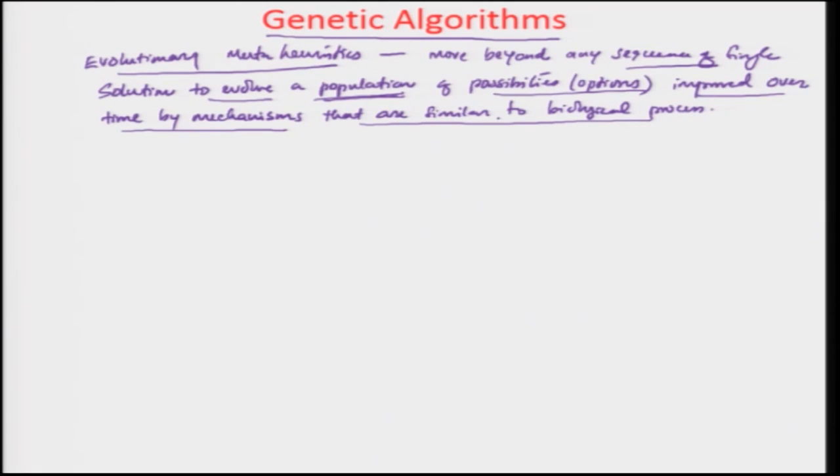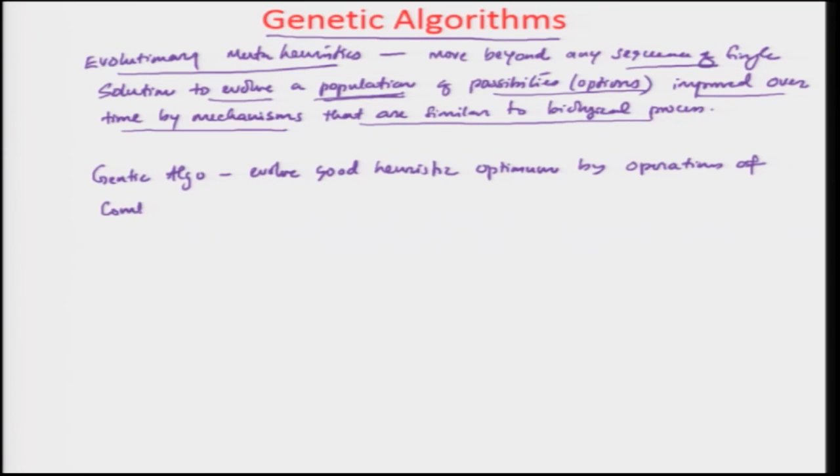So genetic algorithms evolve good heuristic optimum by operations of combining members of an improving population of solutions.